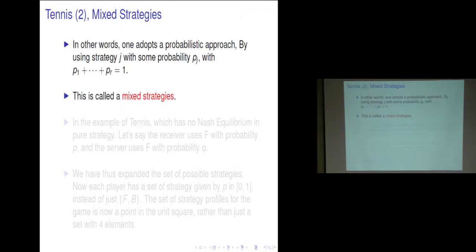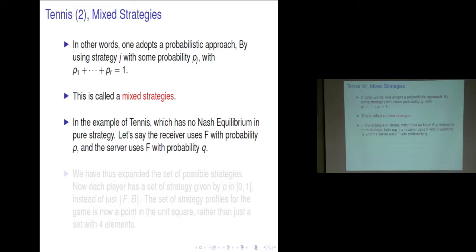Mix means you mix them, so you don't always stick with one. You sometimes play this, sometimes play that, and so on. In the example of tennis, which has no Nash equilibrium in pure strategies, let's bring in probability. Let's say the receiver predicts forehand with probability p, and the server serves forehand with probability q.